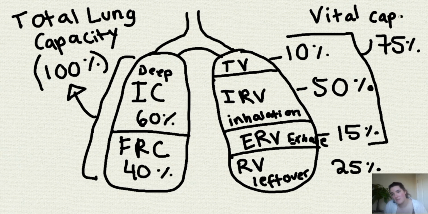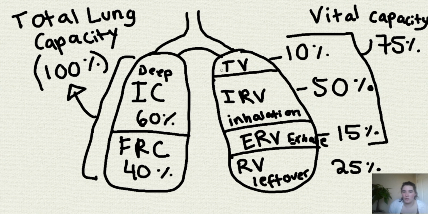And that makes sense because vital means life, right? So your normal, usable life breathing, everyday breathing, is your vital capacity. And that is 75% of your total lung space, right? We talked about how you're not using that leftover stuff at the very bottom. It's really not doing a whole lot of transition. It's still sitting in there.